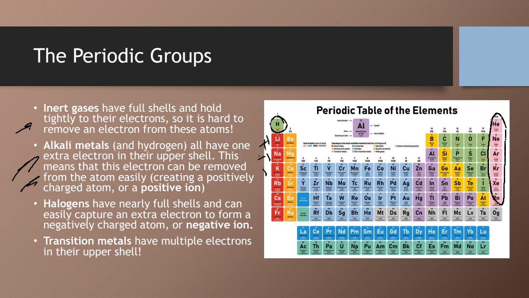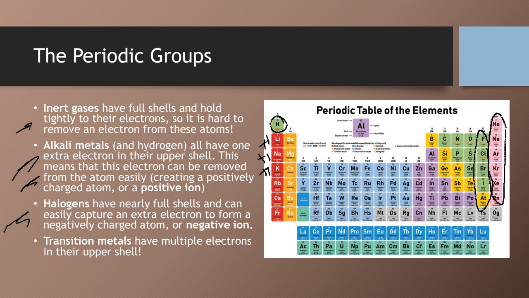They can very easily lose that electron. Most often, they lose that electron to the halogens. The halogens have nearly full shells. And so they can easily catch an electron from somewhere and form a negative ion. And these will mostly have charges of -1.